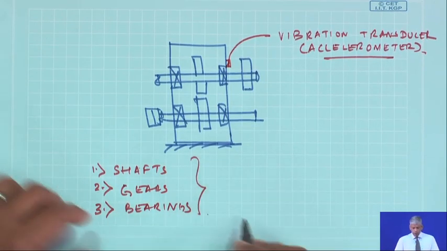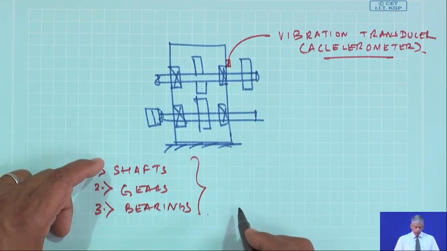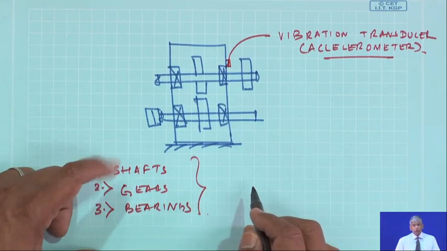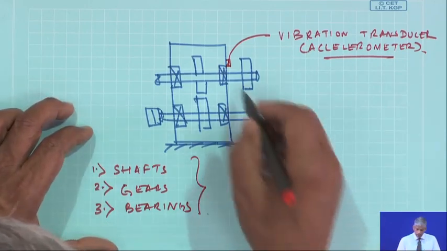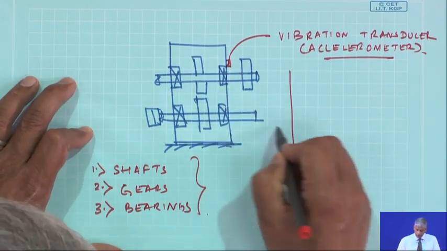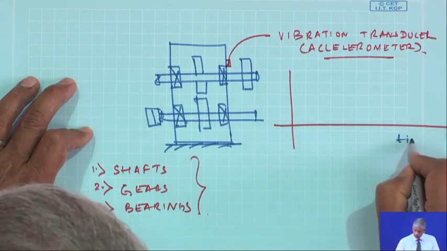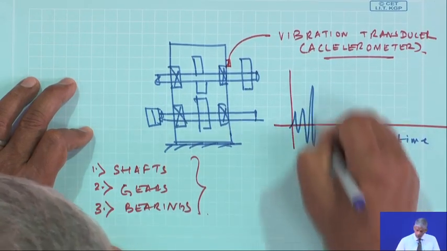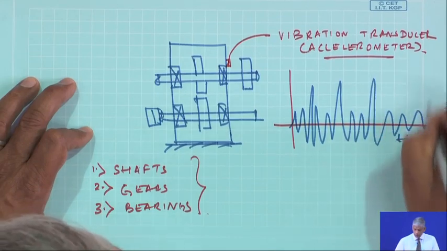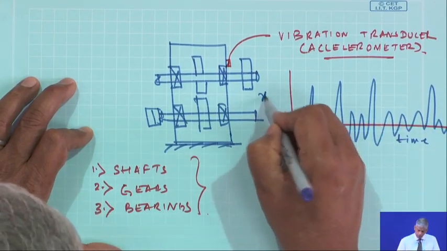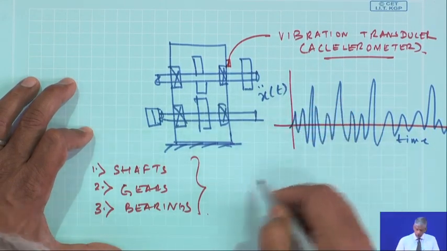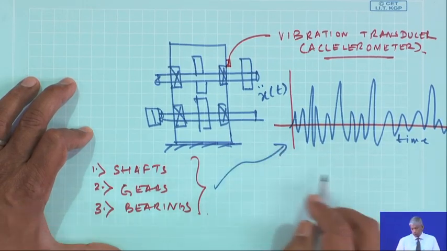and by now we know how the defects in these individual systems would look like, but when I am picking up a signal by an accelerometer in the time domain, everything will be there, some x double dot t. So, this is because of all the faults.